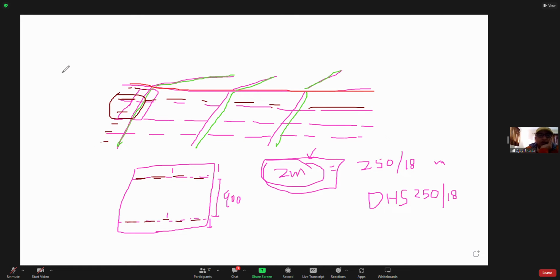When it comes to steel, your spacing becomes 1.8 meter. So 1 purlin would be at the 150 distance, then 1.8 meter over here, and 1.8 meter over here, and then probably one at the end.